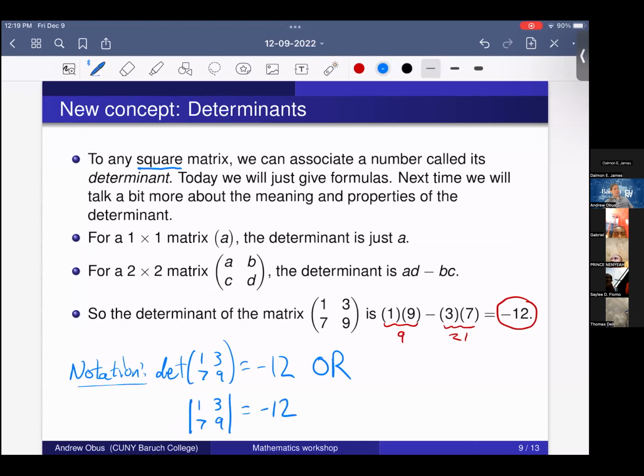So you could write this as equal to minus 12. When I just use straight lines, that means the determinant. So 1x1 and 2x2 matrices, determinants are pretty basic. All right, any questions on this?